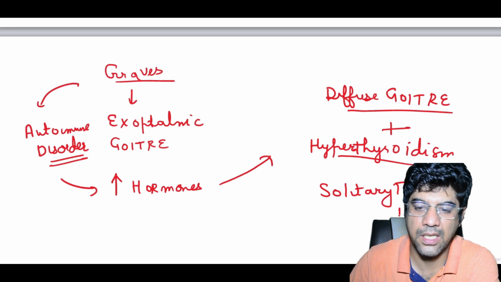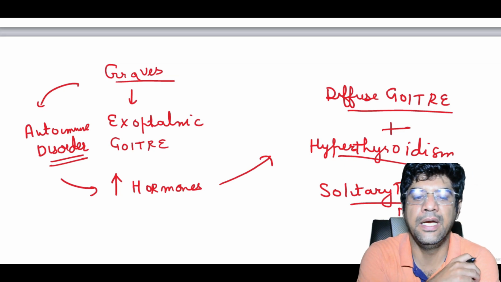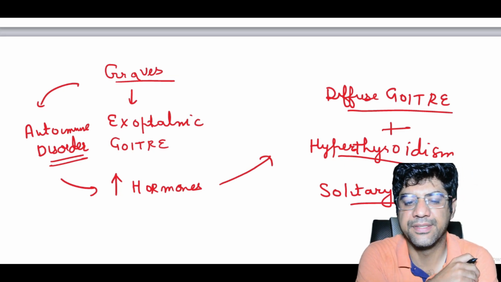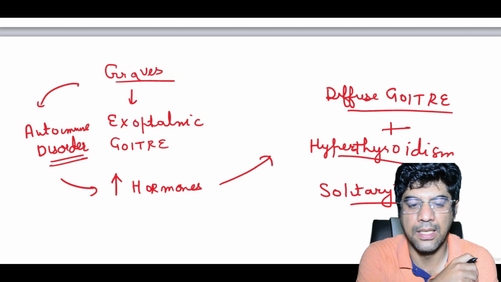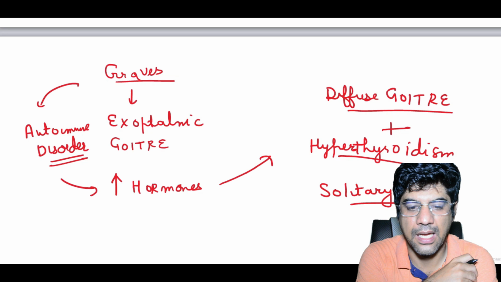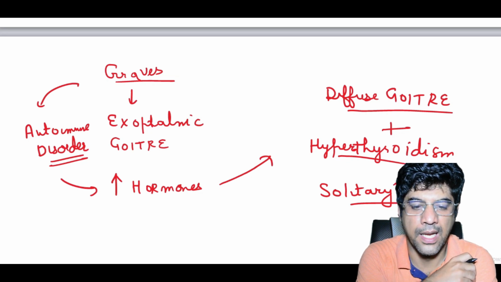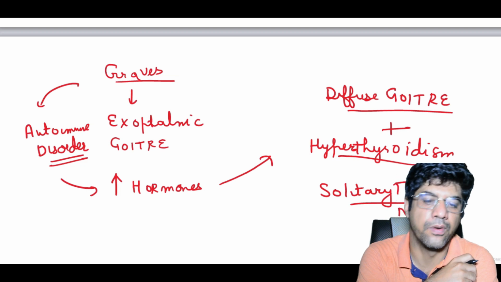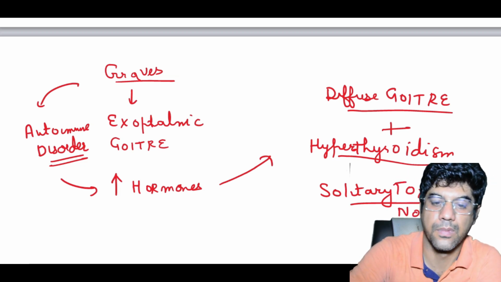So that means a single nodule in the thyroid that functions independently of TSH regulation, that leads to hypertrophy, increase in the size and number of the gland, causing tertiary thyrotoxicosis.